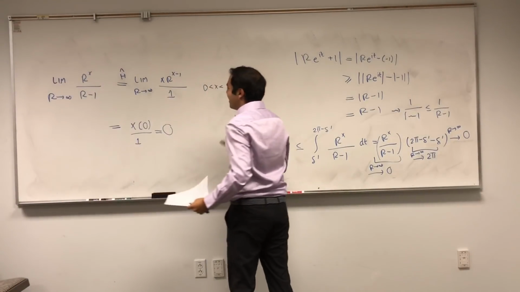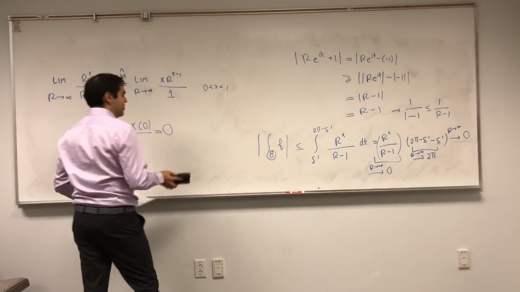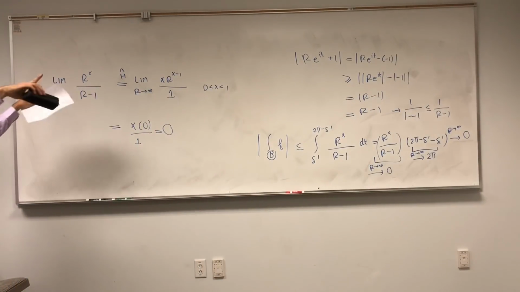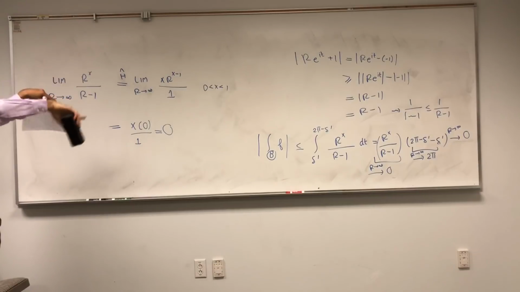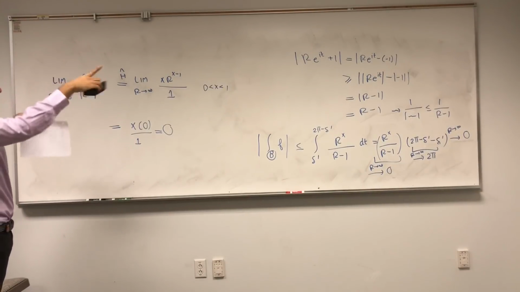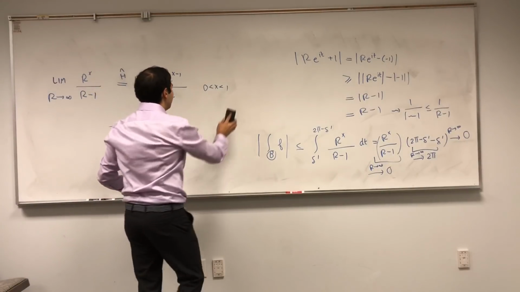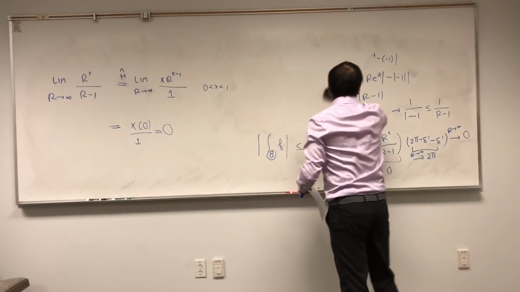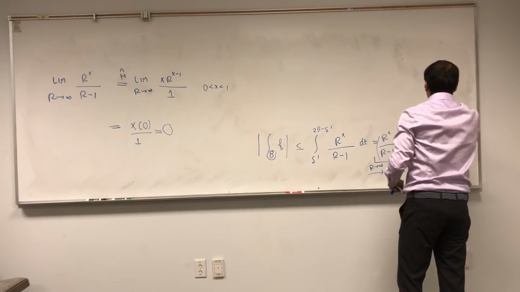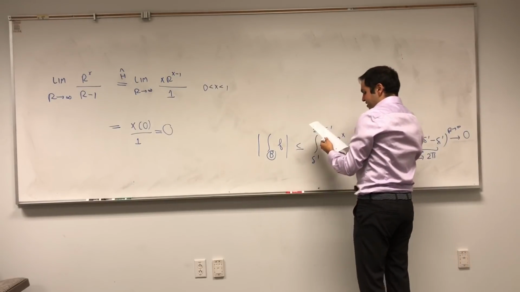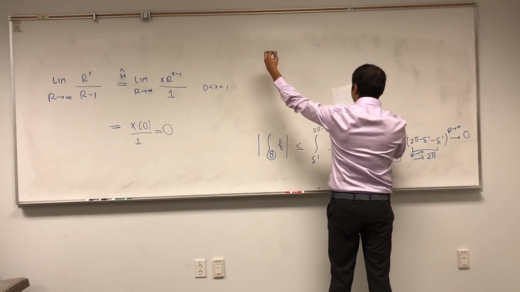Wow. Okay, now let's do the actual contributions. So it's cool: of the four contributions, the circle thingy gives you 0, and now let's do the actual thingies. Let's say with the upper part first, if you want.